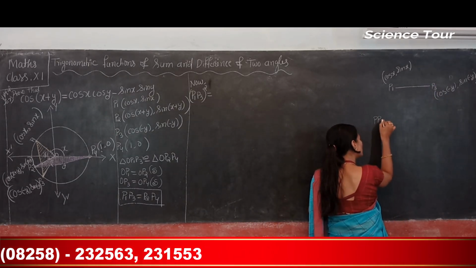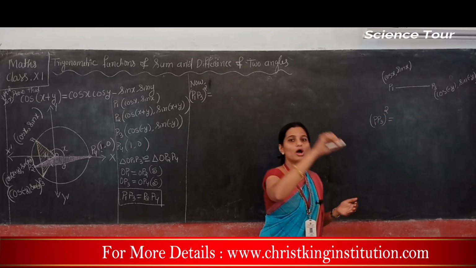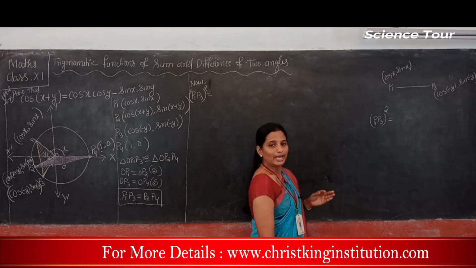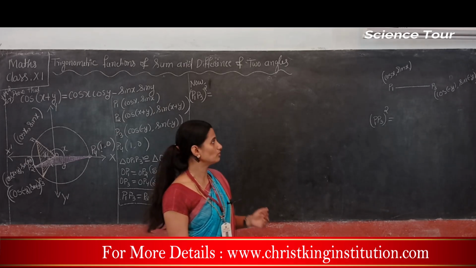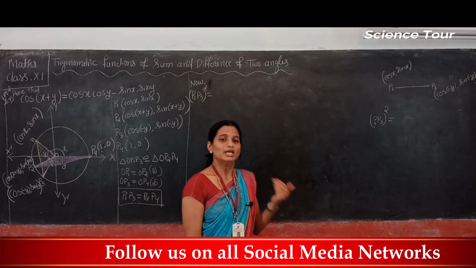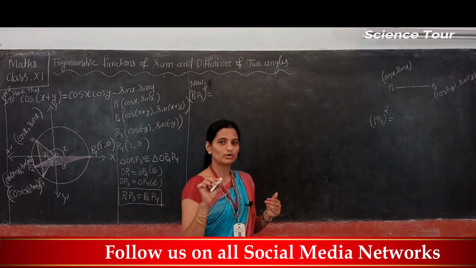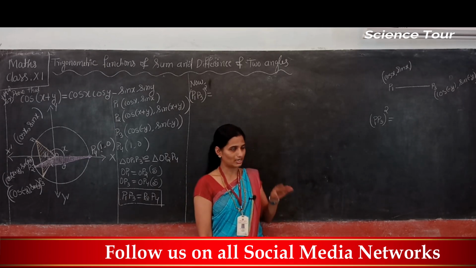AB is the square root of x1 minus x2 whole square plus y1 minus y2 whole square. But here AB square is x1 minus x2 whole square plus y1 minus y2 whole square, right?